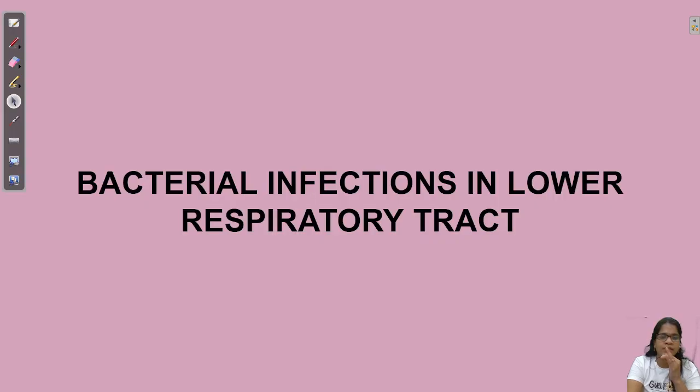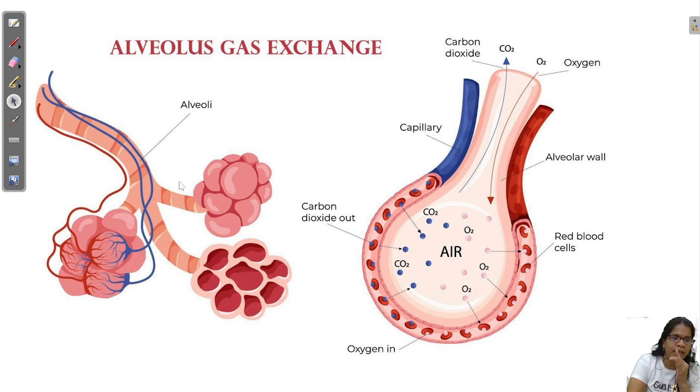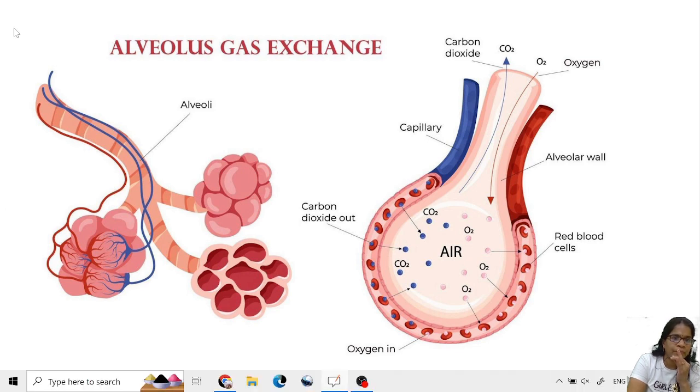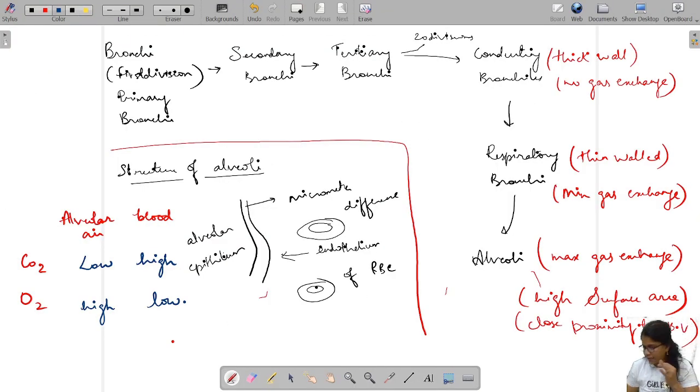So for you to understand, I will also give you a diagram. For my understanding, I have written everything. These are all simple ways of understanding. See, this is your bronchi. I told you, the bronchi upon division get into secondary bronchi, tertiary bronchi, and after about 20 divisions they enter into conducting bronchi.